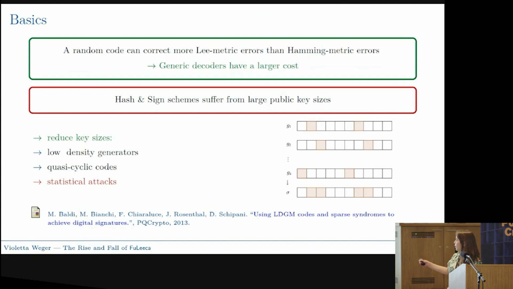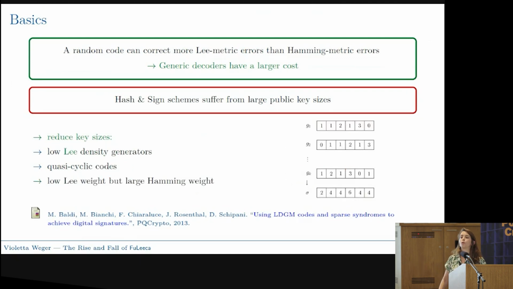If your signature is a linear combination of your secret generators, which have low support, then it will leak something about their support, right? But if we change this to low Lie density generators, we usually have huge Hamming weight, so these attacks cannot be applied, but it also seems more difficult from this linear combination of our low Lie vectors to recover which ones we used.